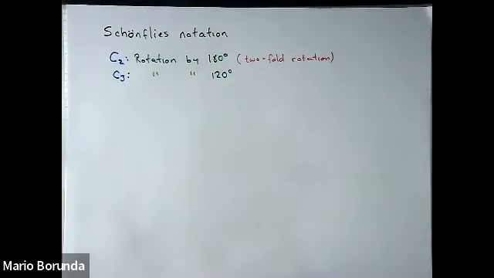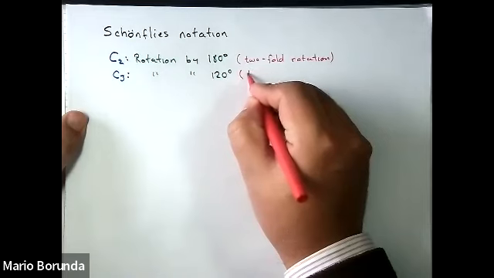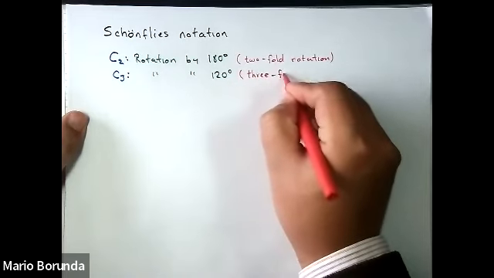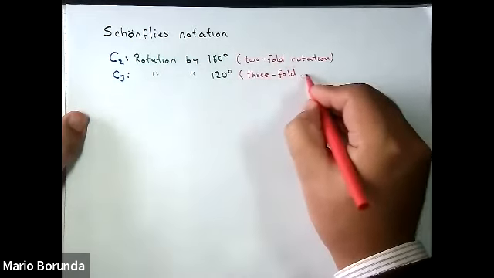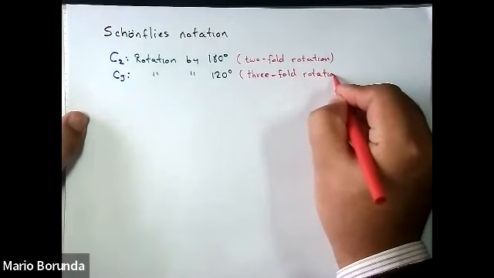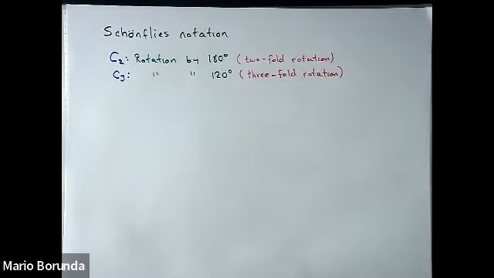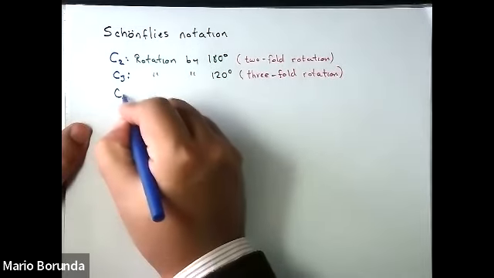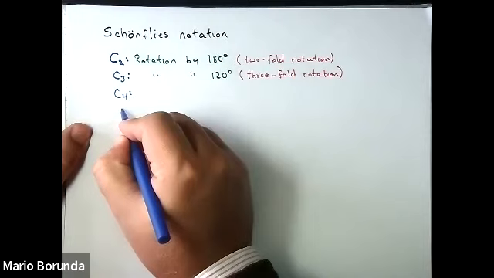And we call this one three-fold symmetry. Three-fold rotation, sorry. And you can continue like that. That's C4. There's C6.